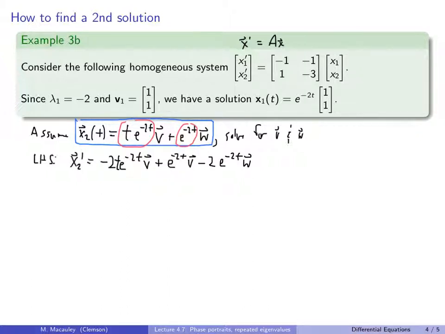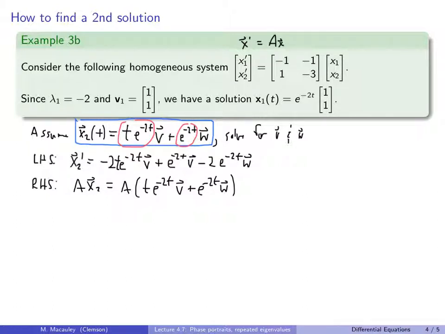And now the right-hand side. Let's take x2 and plug it into the right-hand side, A times x. So that's going to be A times x2, which is A times t e to the minus 2t times v plus e to the minus 2t times w.